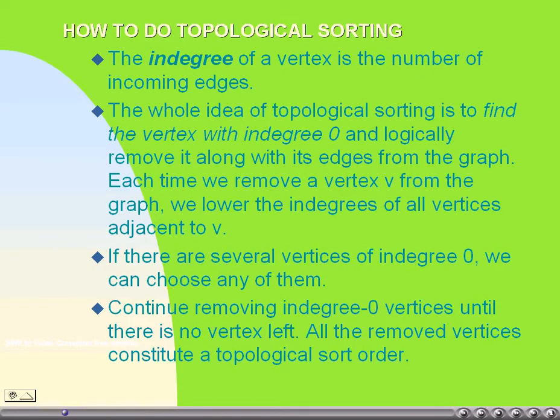While applying topological sorting on a DAG, the following points have to be remembered. The indegree of a vertex is the number of incoming edges.